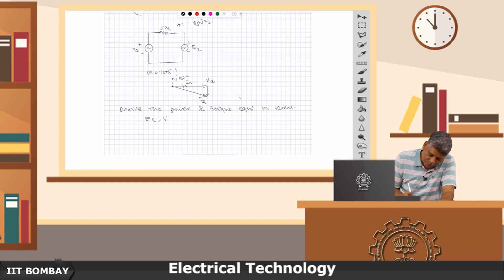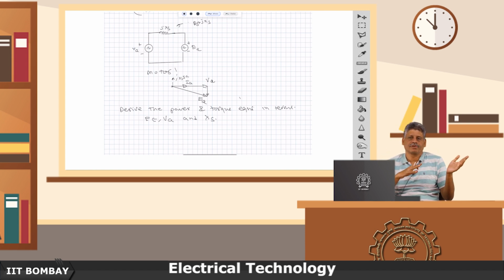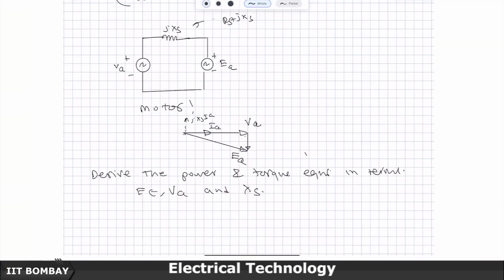I can derive the power and torque equations in terms of E T, V A and the synchronous reactance. The synchronous reactance is sometimes also inferred as armature reaction, because the rotor is carrying field flux. It is inducing voltage in the stator winding. In turn, the currents are there, and the stator is also called the armature.